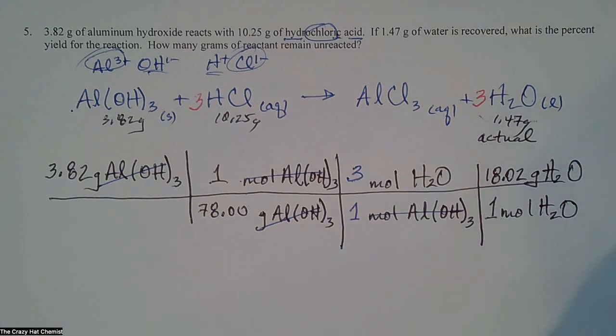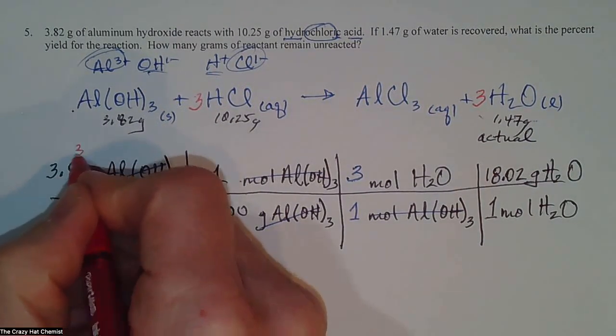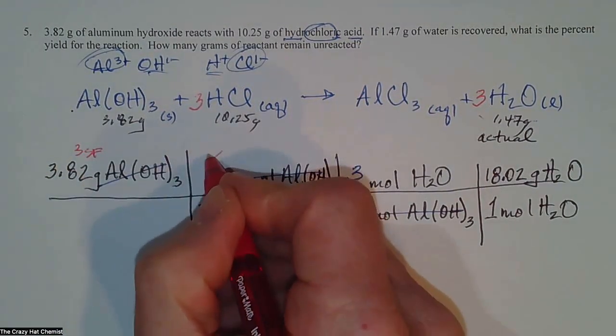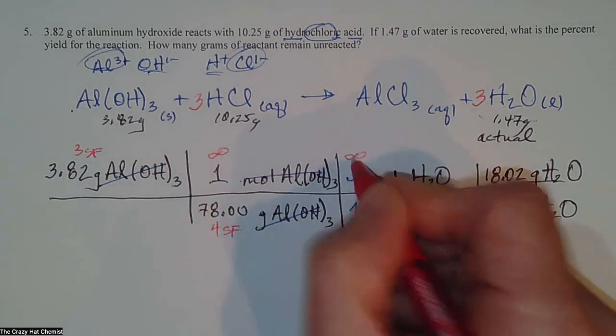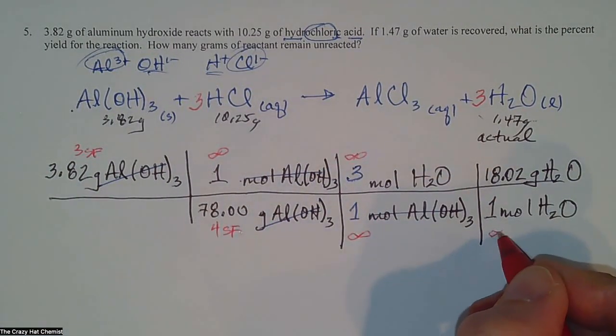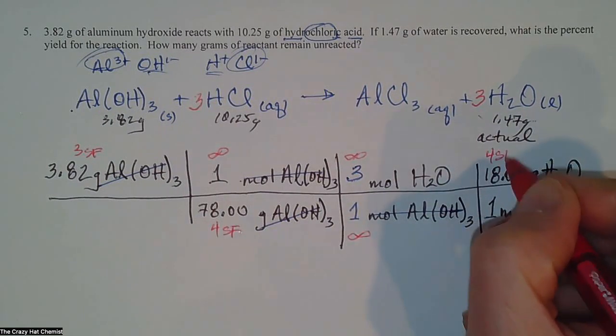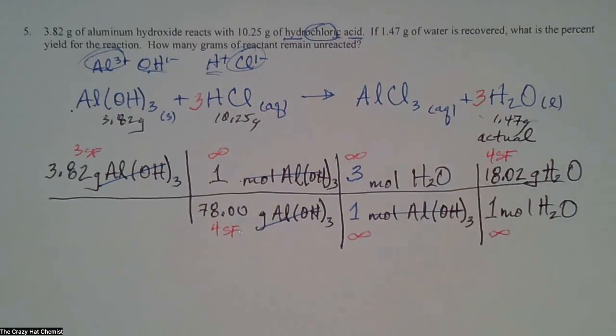I'm going to look at significant figures. This is 3 significant figures. This is an infinite number of significant figures, 4 significant figures, infinite, infinite, infinite, and 4 significant figures. So the fewest number of significant figures I have here is 3.